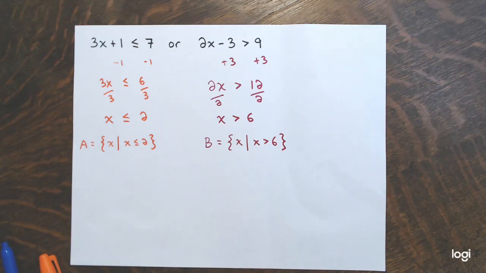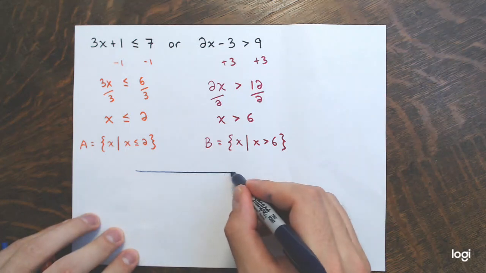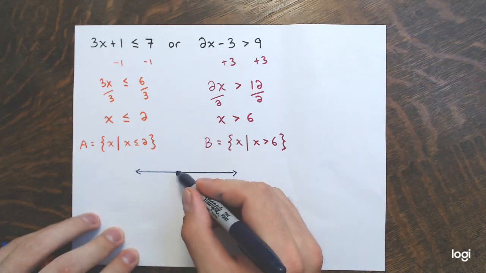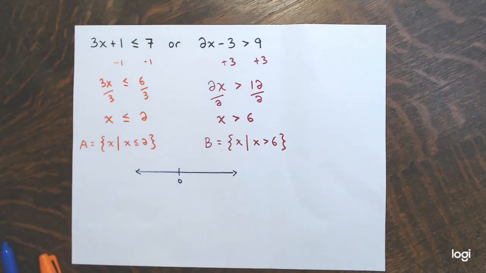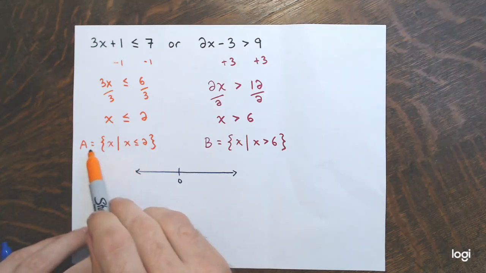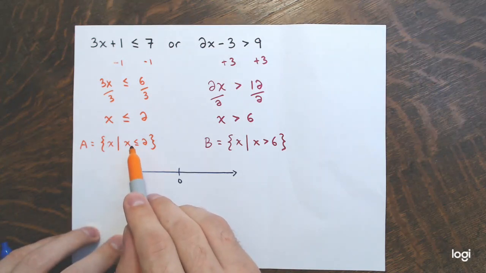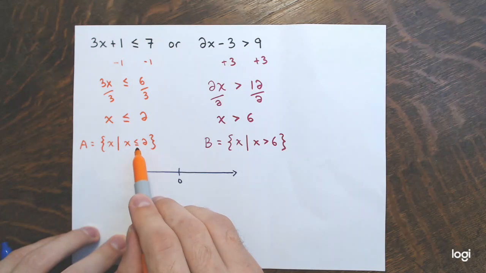And I'll even draw a little picture. Right, here's a number line for us, 0 somewhere, and again, A in the same color. All the numbers less than or equal to 2.